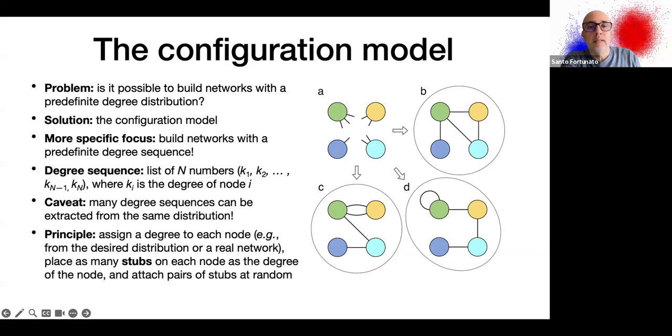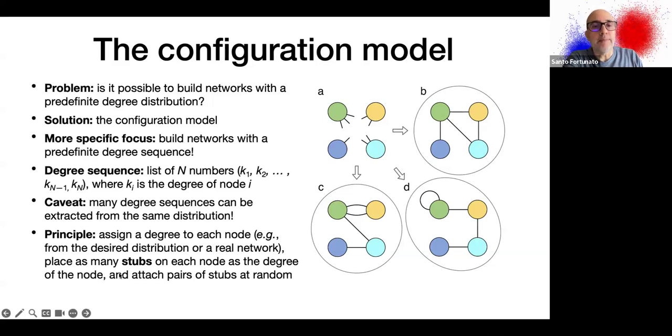You can have one degree distribution, but there may be many degree sequences that lead to that distribution. In this case, you can still, in principle, assign slightly different values of degrees to the nodes. But here, let's assume that the focus of the model is to preserve the degree sequence, to preserve the degree of each node in any network that you can build this way.